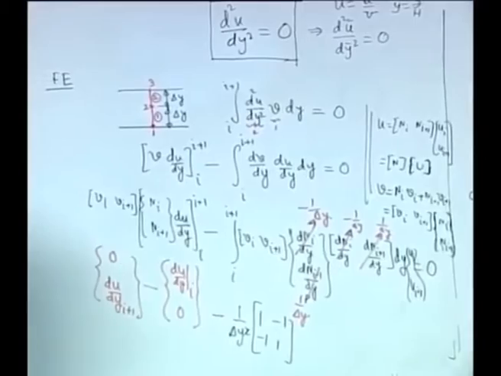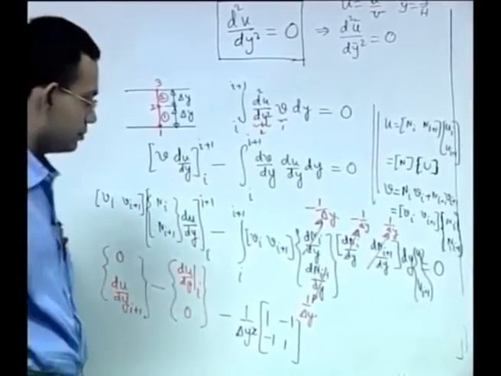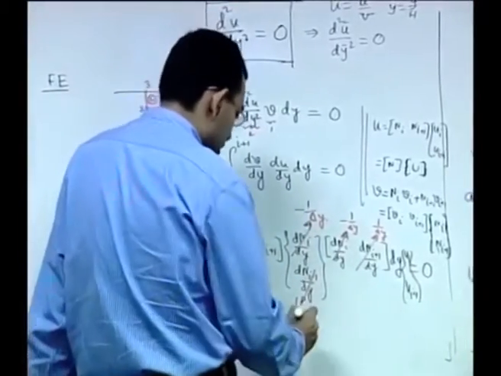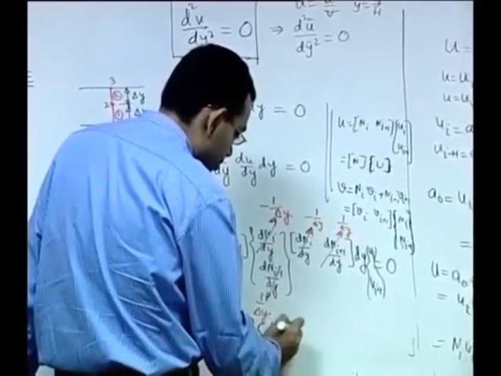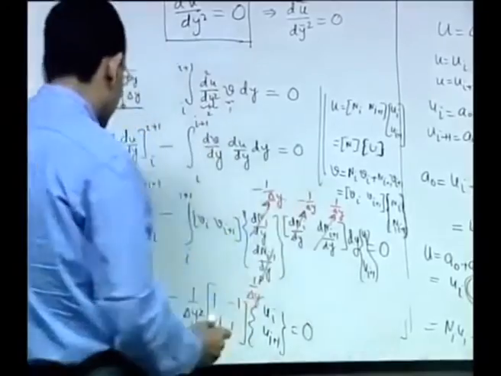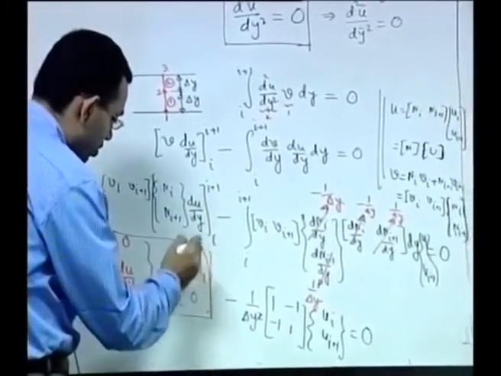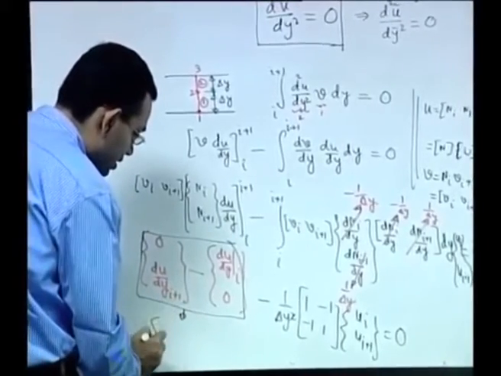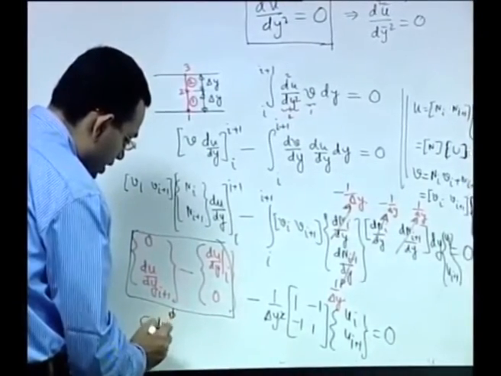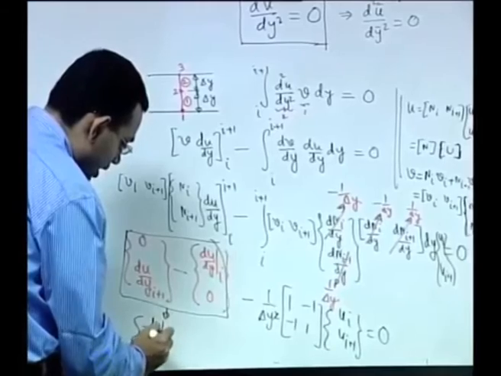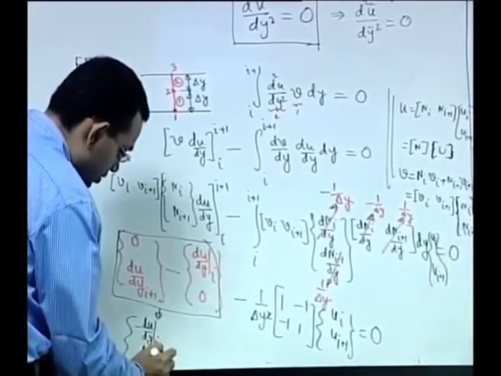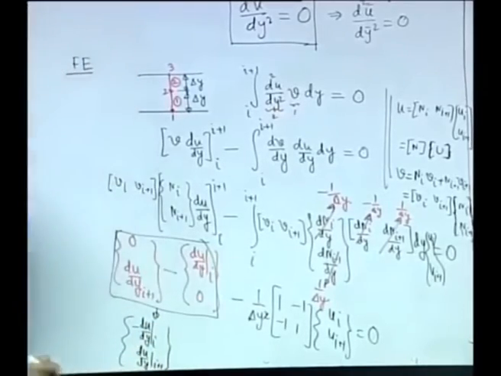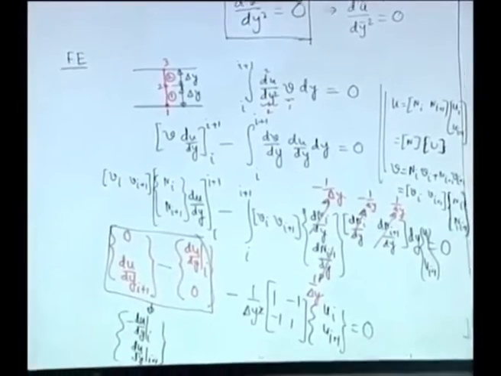This into u_i, u_{i+1} equal to 0. So the first two terms, the boundary terms, we can write together as minus du/dy at i and plus du/dy at i plus 1.